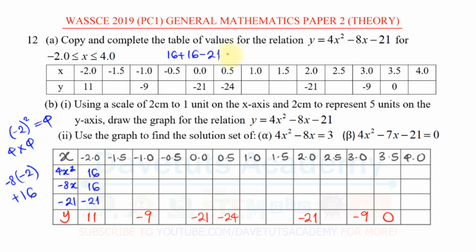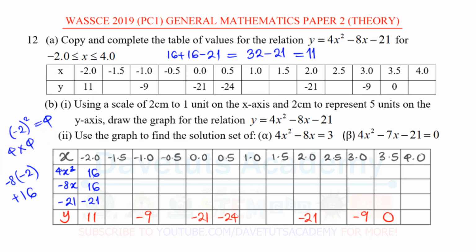That will be 16 plus 16 is 32, and 32 minus 21, that will be 11. So you can see that is why here they gave us 11 as that initial value.